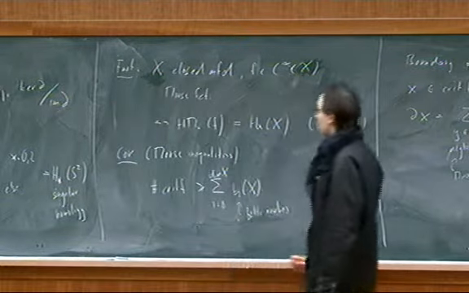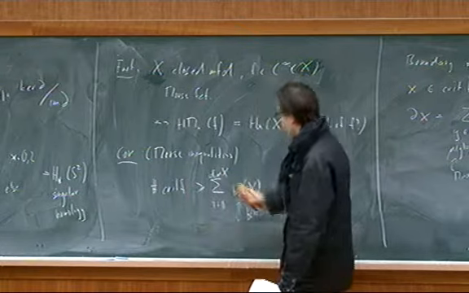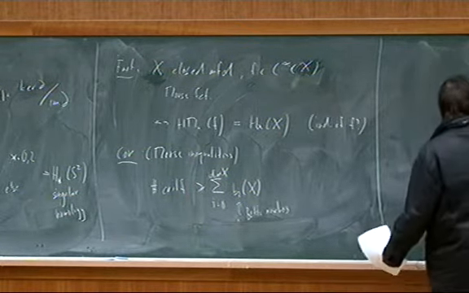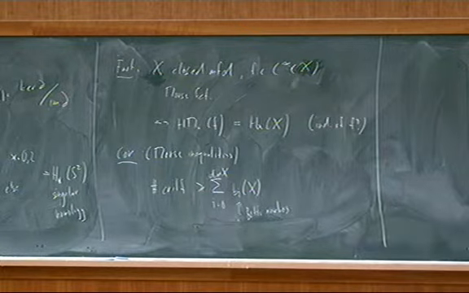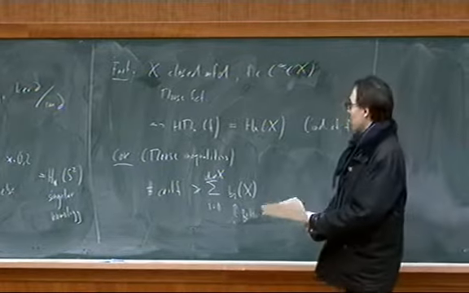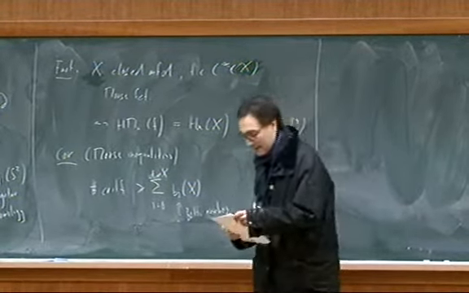Morse homology is a useful thing to detect critical points, so we have a lower bound just in terms of topological data. And the purpose of Floer homology is to generalize this picture to the infinite-dimensional setup.